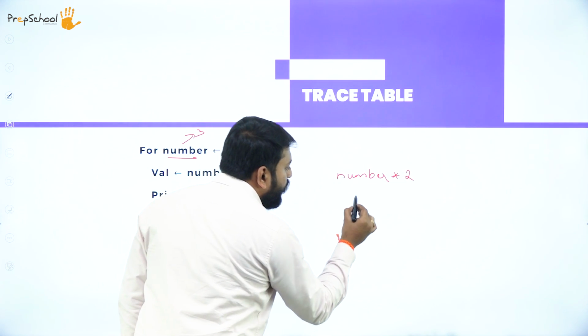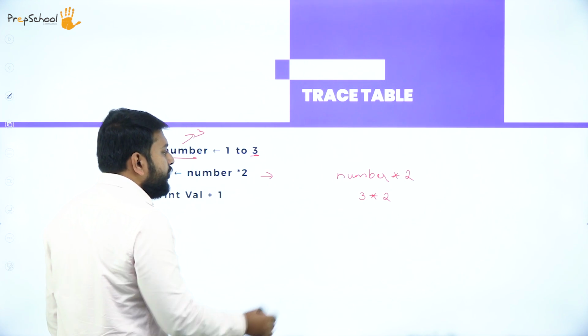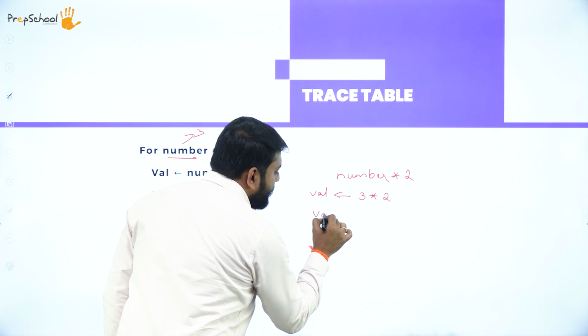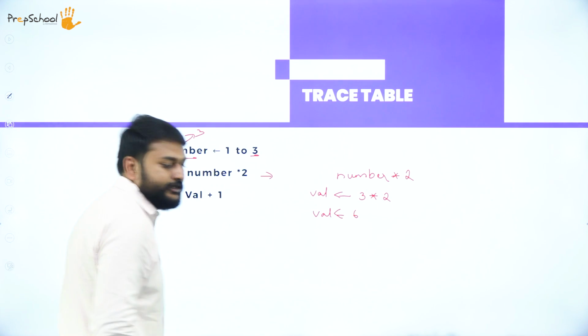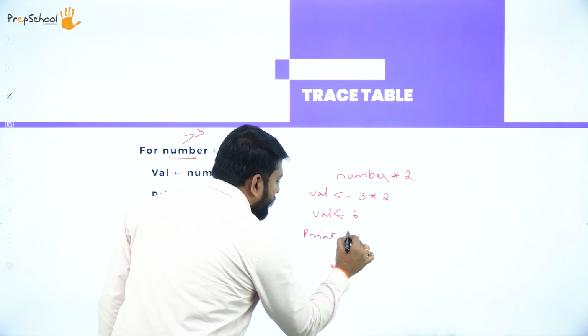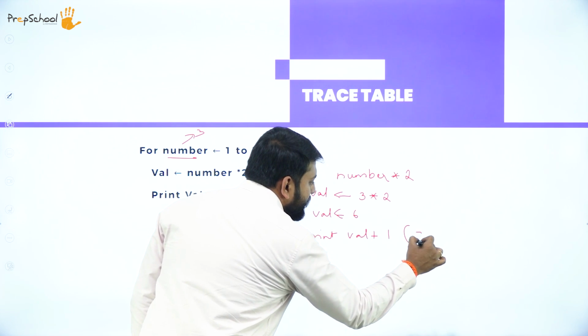What do you have in the number? I have 3. 3 into 2 is 6, so val contains 6. Then whenever you are printing, val plus 1 means 6 plus 1, that is 7.